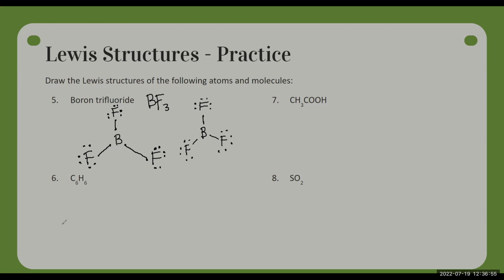So the most familiar one I know is probably going to be benzene. So we can draw a structure that looks something like this. And then basically we just have alternating double bonds.